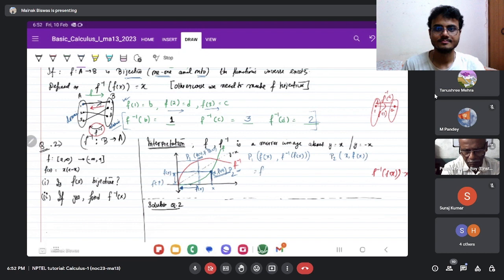Point P1 is f of x comma f inverse of f of x. What is f inverse of f of x? I am purposely doing this so that you see why these are mirror images about the y equals x axis. F inverse of f of x, that is x, right?